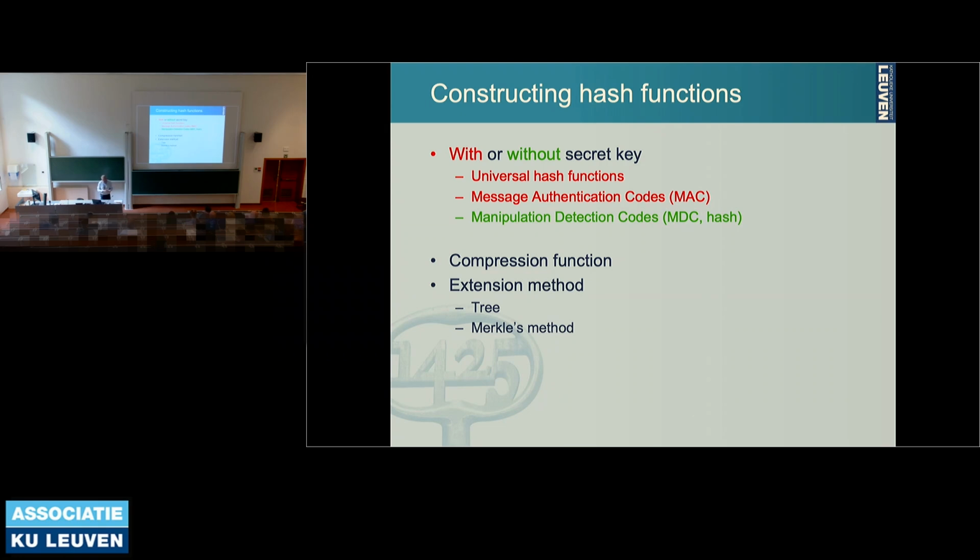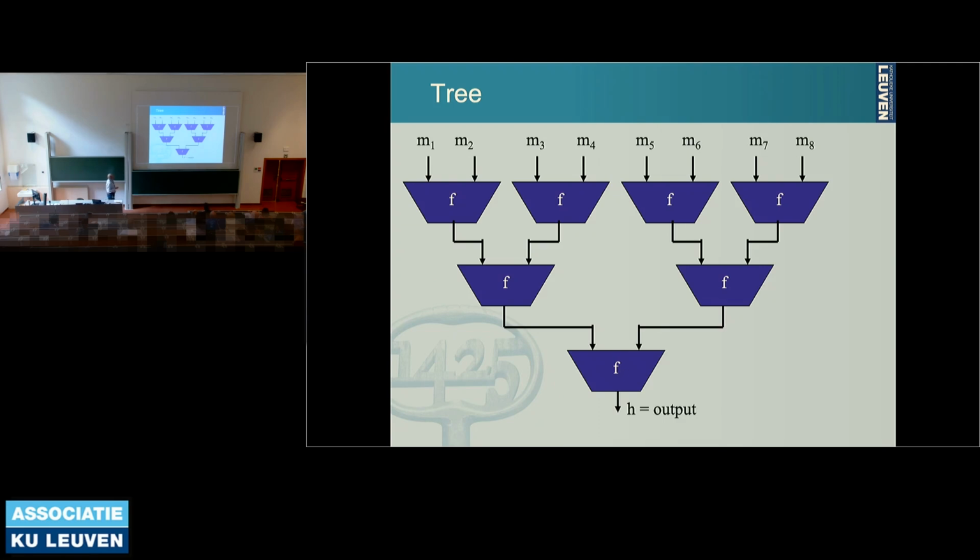I'll give an example on the next slide, which is the tree method. So the tree method says, take your message and cut it in blocks, let's say, of 1024 bits, and then apply your compression function to compress 2 blocks to 1. And do that with all your blocks.